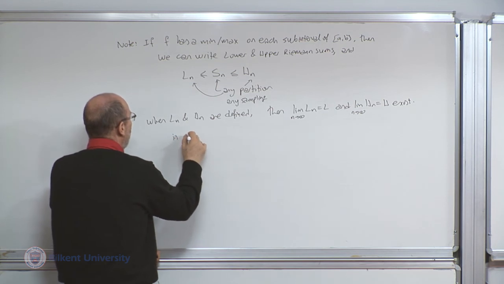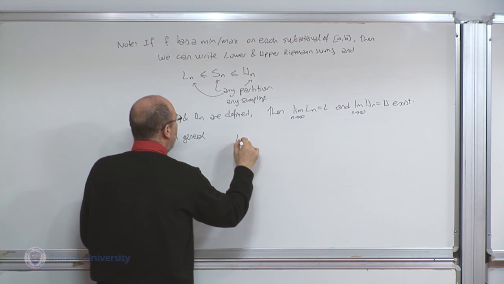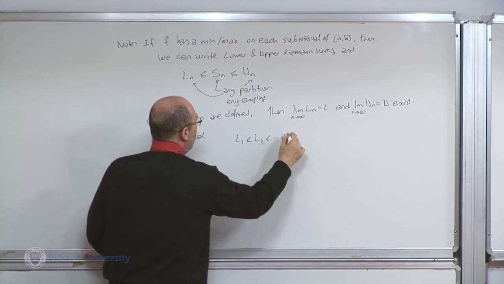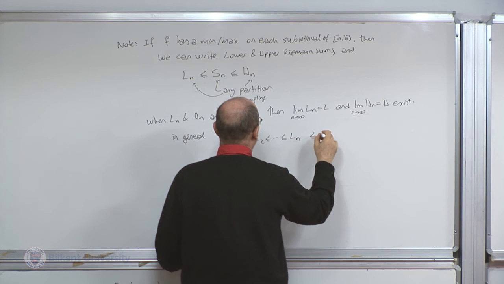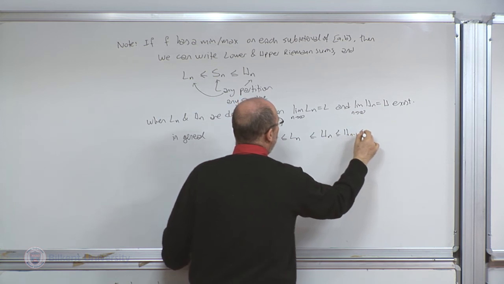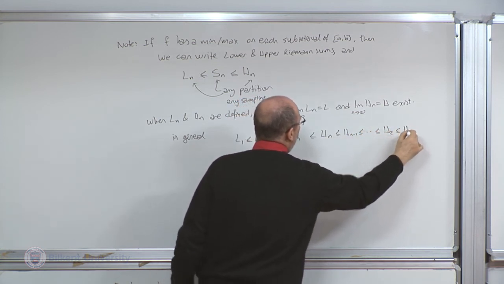In general, for nice functions, these things increase, obviously. Check that these things increase, and that is less than or equal to Un minus 1, and less than U2, U1.